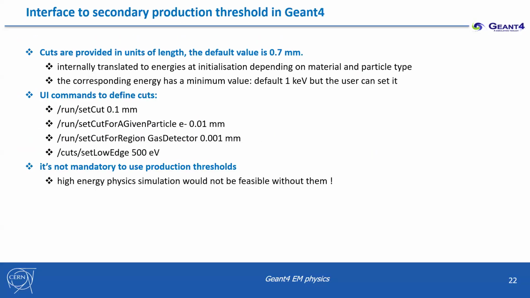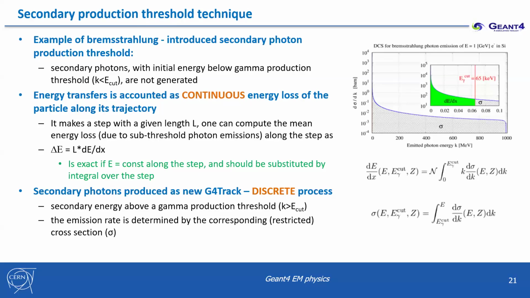Secondary production thresholds. Let's discuss it on the example of Bremsstrahlung. I also mentioned this yesterday, and let's discuss it today. We subdivide the energy spectrum of final particles into 2 parts.